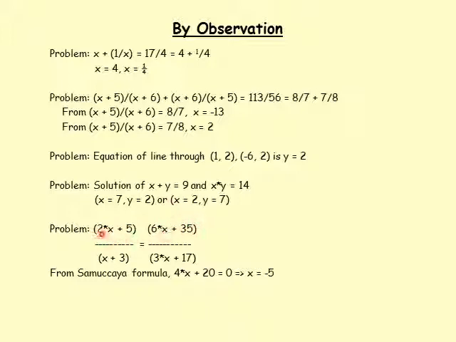They are equal except for a constant factor of 2. So we can say either 8x plus 40 is 0 or 4x plus 20 is 0. So 4x plus 20 is 0, which means x is equal to minus 5. So we have been able to solve these problems by observation.